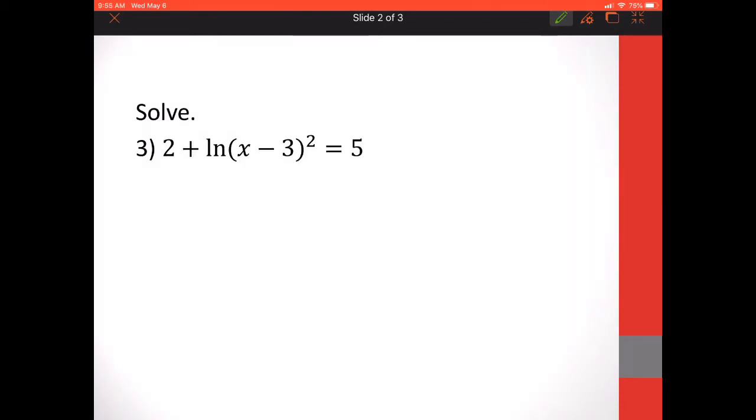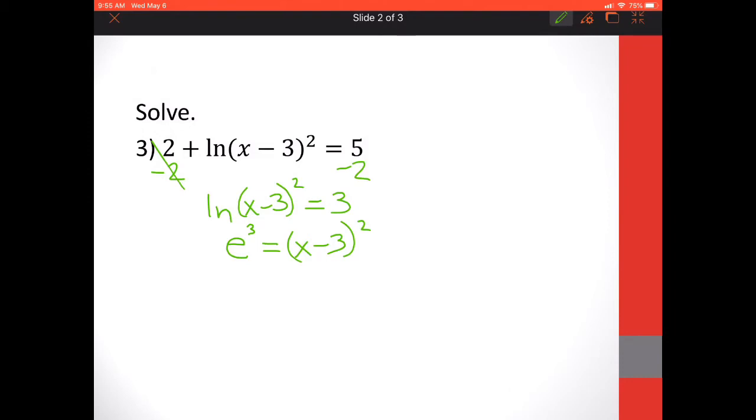I ran out of space for number 3, so let's try it here. We've got to get the natural log by itself, so I'm going to subtract 2 first. So I have the natural log of (x minus 3) squared equals 3. And so we have a natural log by itself, so we change it to exponential form. My base is e for natural log. So e to the third equals (x minus 3) squared.